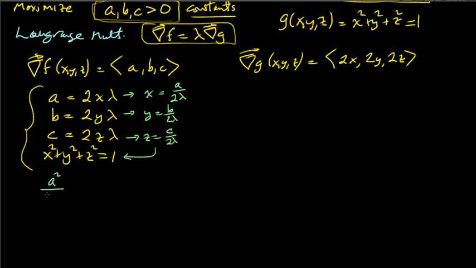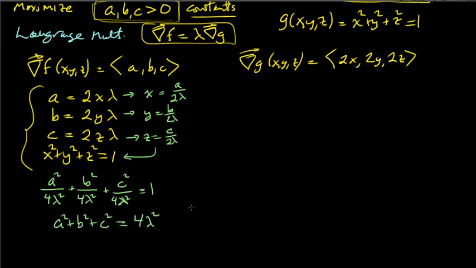We get a squared over 4 lambda squared plus b squared over 4 lambda squared plus c squared over 4 lambda squared is equal to 1. Of course, we have a common denominator, so if you multiply both sides by 4 lambda squared, you get this.